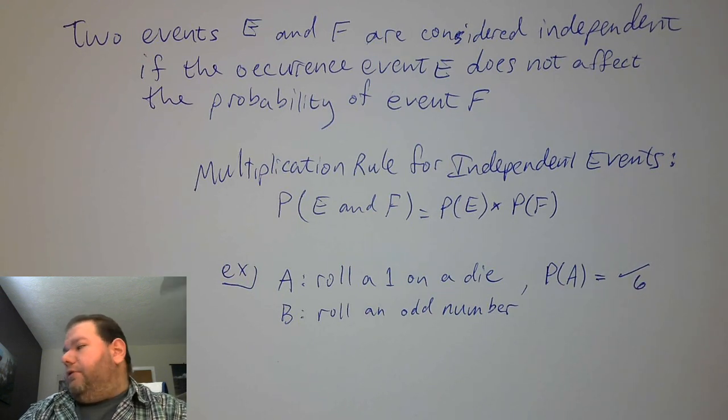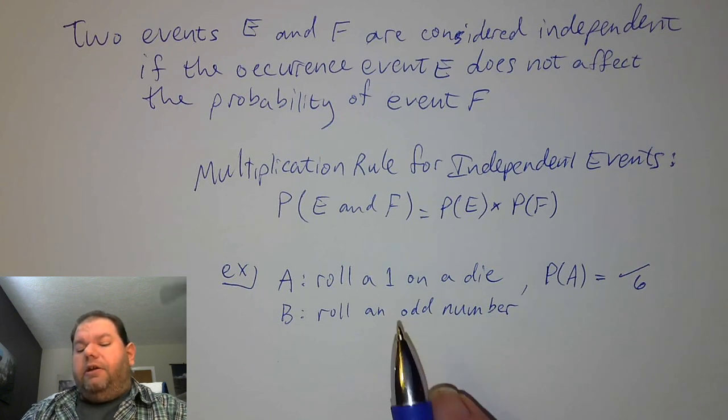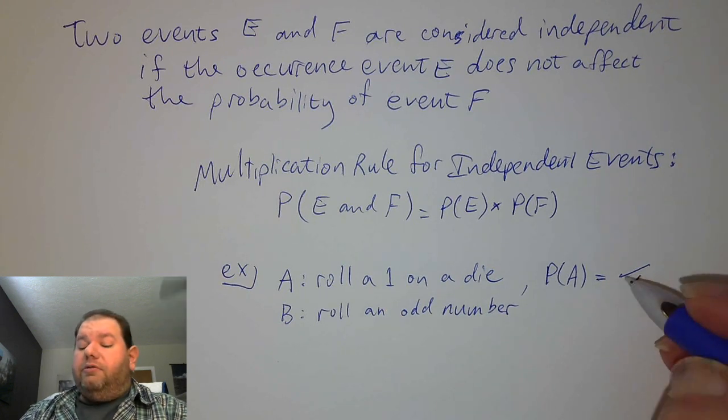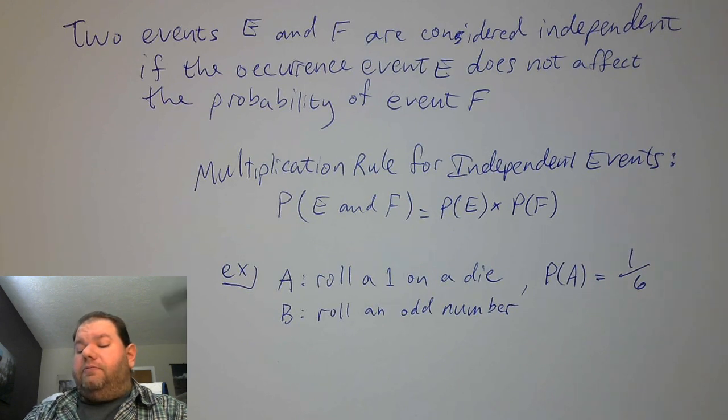There's 6 total outcomes when we roll a die, and how many of those have a 1? Only 1 out of 6.